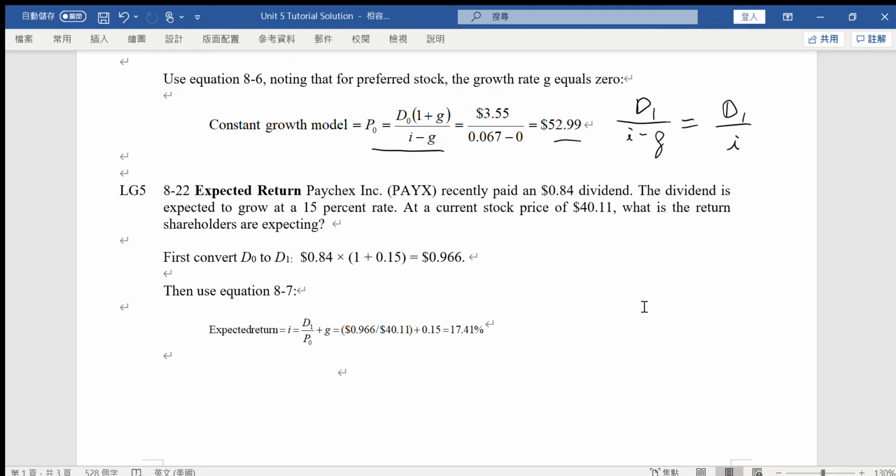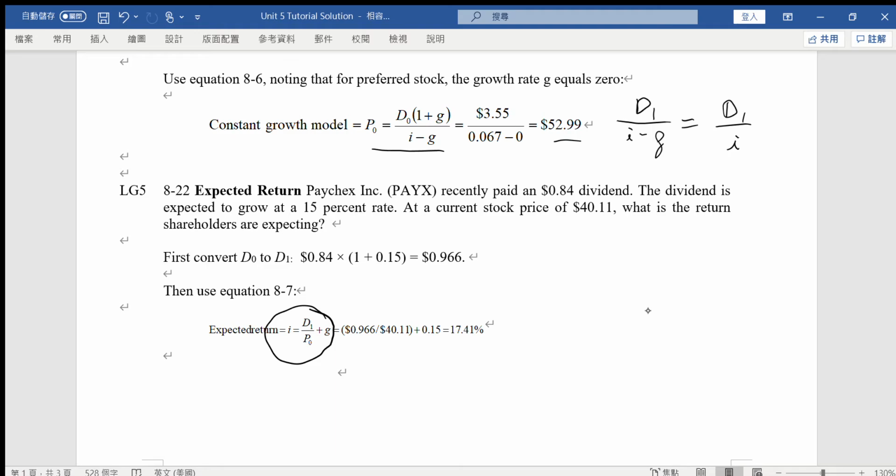Okay, because of that, first of all, we need to work out what D1 is according to the equation. We need to use D1 to work out the percentage of the share. The amount is 0.844.